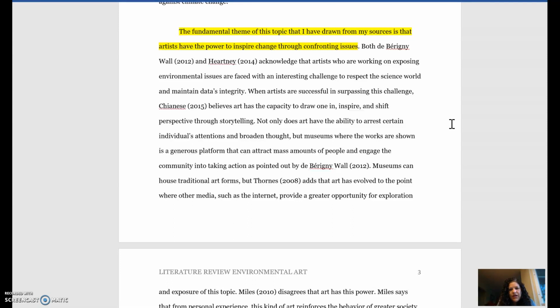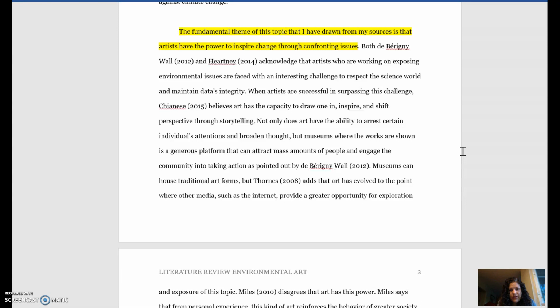Not only does art have the ability to arrest certain individuals' attention and broaden thought, but museums where the works are shown are a generous platform that can attract mass amounts of attention and engage the community to take action, as pointed out by this person. Okay, so here we've got, not only does art do this thing, but it also does the second thing. So this is also an addition. This adds on.